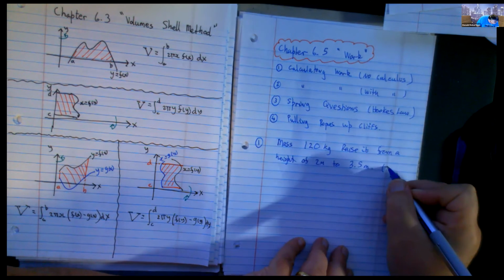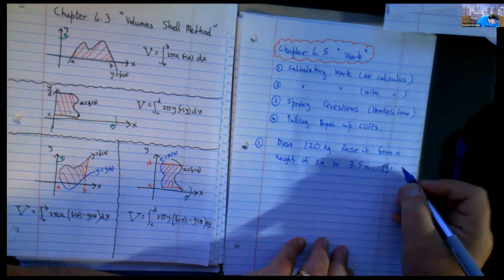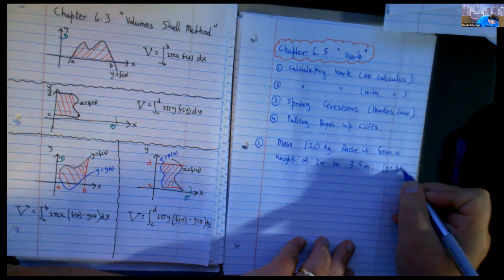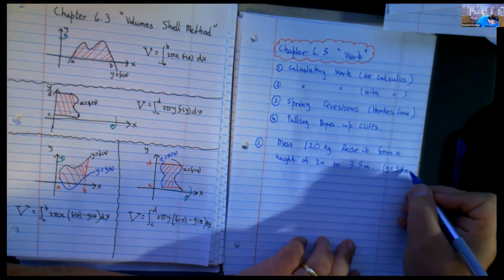Gravity is going to be 9.8 meters per second squared.